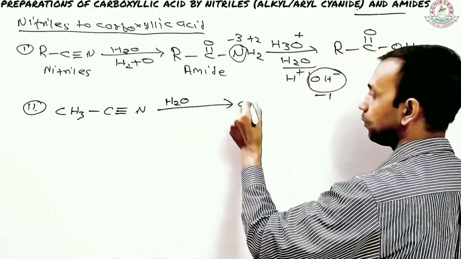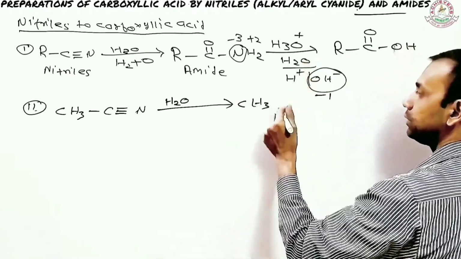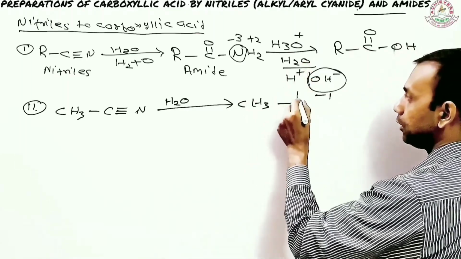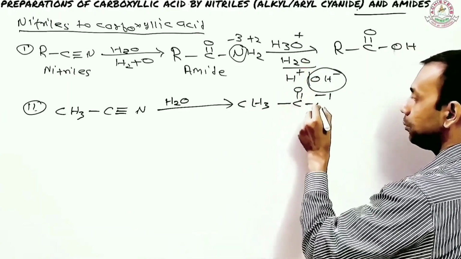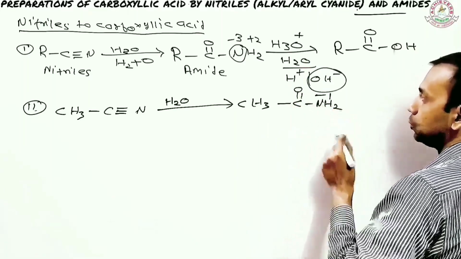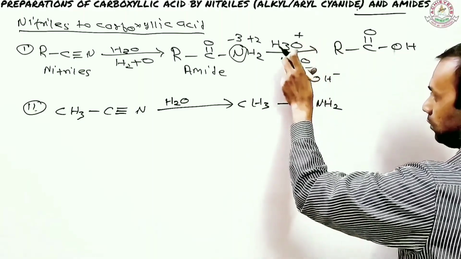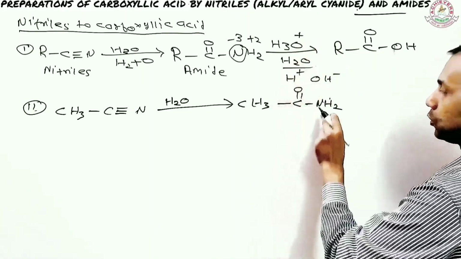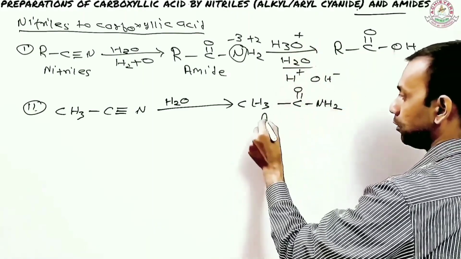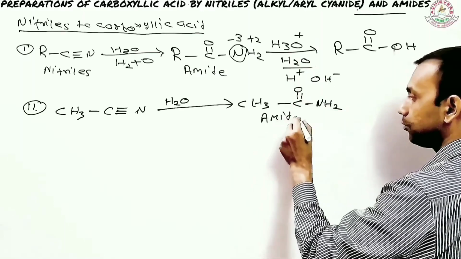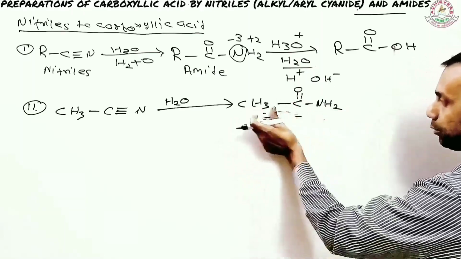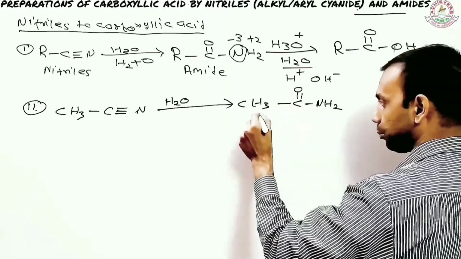This will form CH3C double bond O, and then there will be NH2. Don't mess up with this one, because this is something from the upper reaction here. So this forms an amide again. So methyl cyanide becomes acetamide. Let me write this. This is called acetamide.